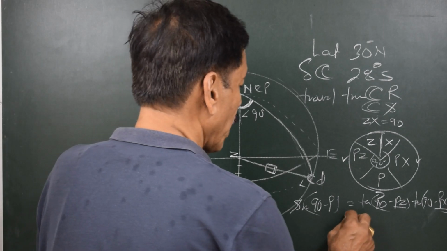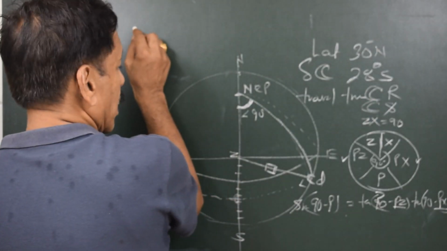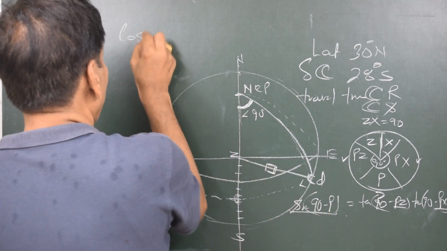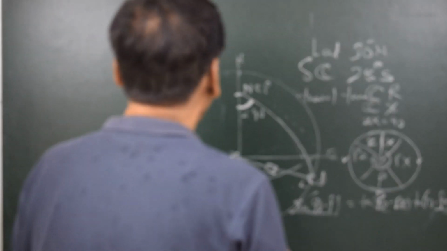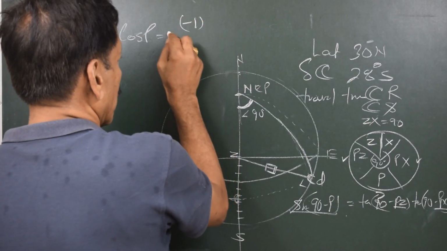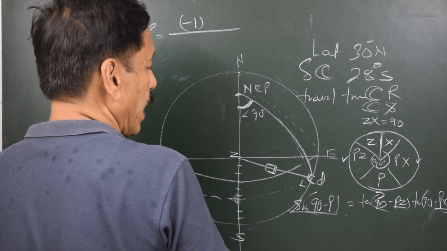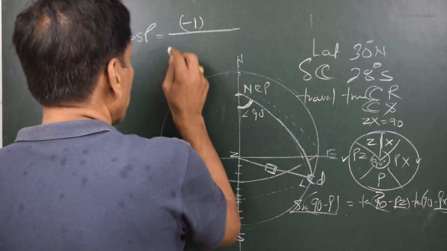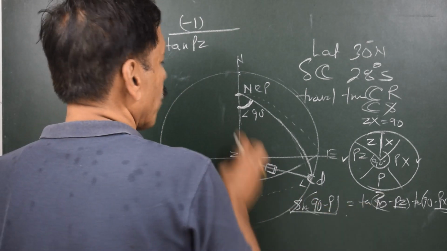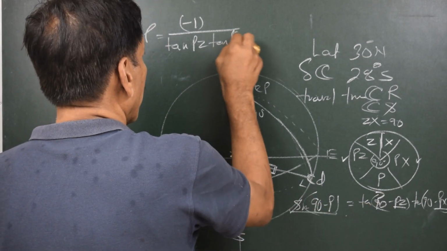So sin of 90 minus P becomes cos P, and tan of 90 minus PZ becomes 1 upon tan PZ, and 1 upon tan PX is the second term.